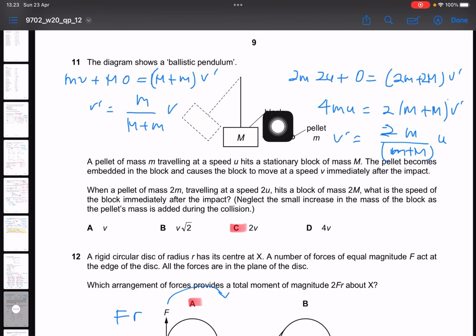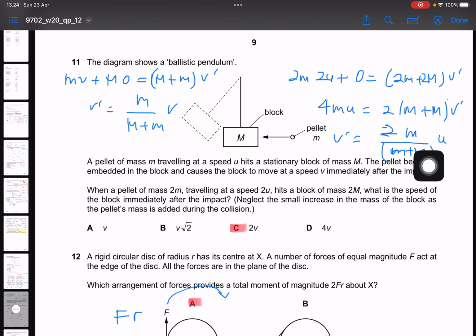Then if the pellet mass is 2m and speed 2u hits the block of 2m, how much is the velocity v? So we can say 2m times 2u plus 0 equals 2m plus 2m, small and capital, times v. We find this, so we can say it is the same thing as this one.